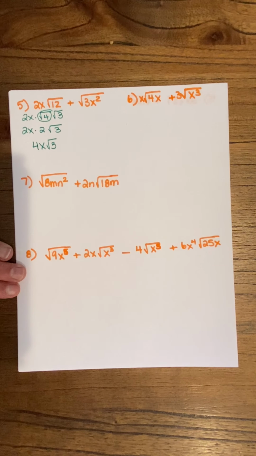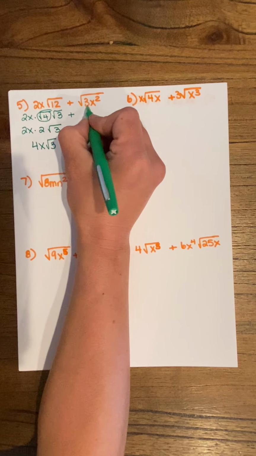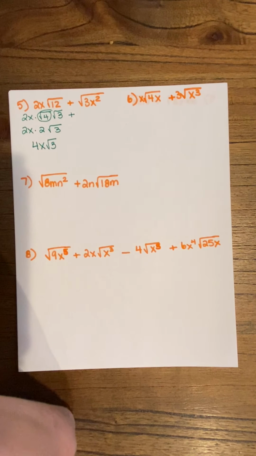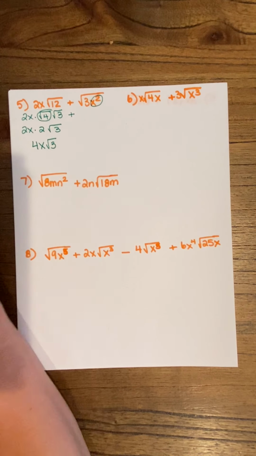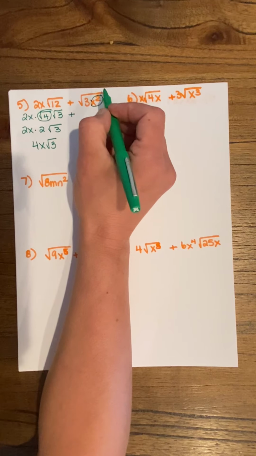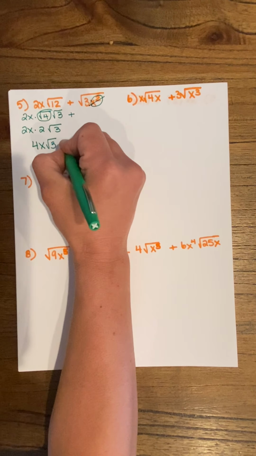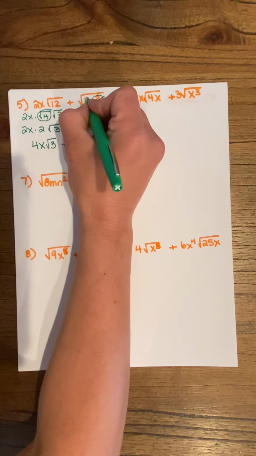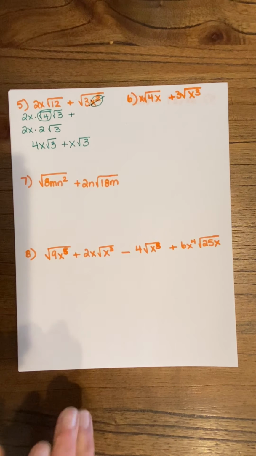Over here, I'm going to look at this and go, okay, so rad 3, I can't do anything with rad 3, but x squared is a perfect square, because it's even. So remember, if you see an even in there, get rid of it. This becomes x on the outside. Since I can't break down rad 3, I'm just going to leave it rad 3, which is great.